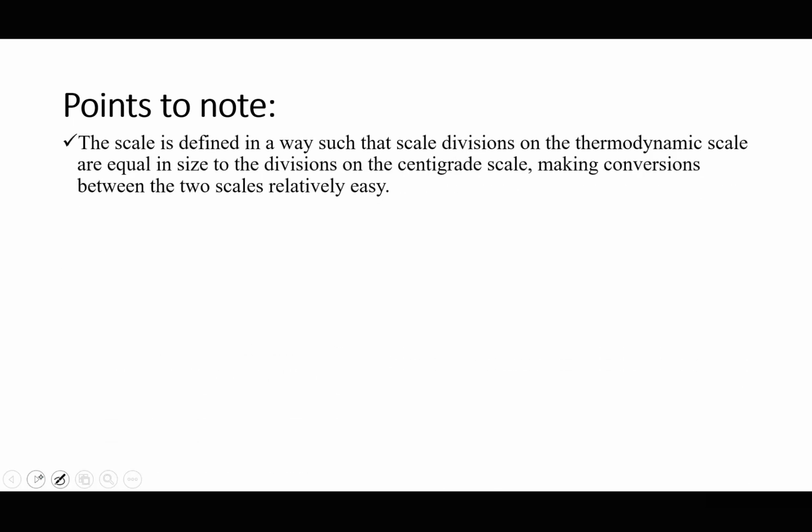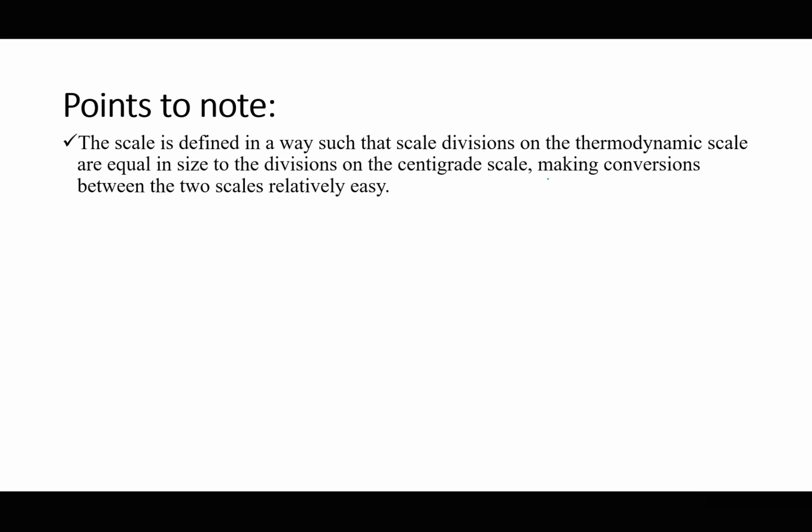So this is the importance. The scale on the Kelvin scale, or the scale on the thermodynamic approach, is defined in a way such that divisions on the thermodynamic scale are equal in size to divisions on the centigrade scale.